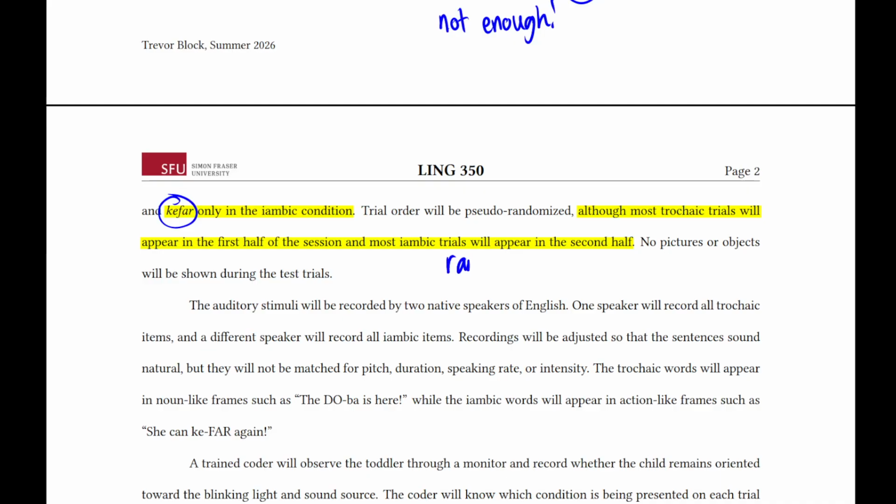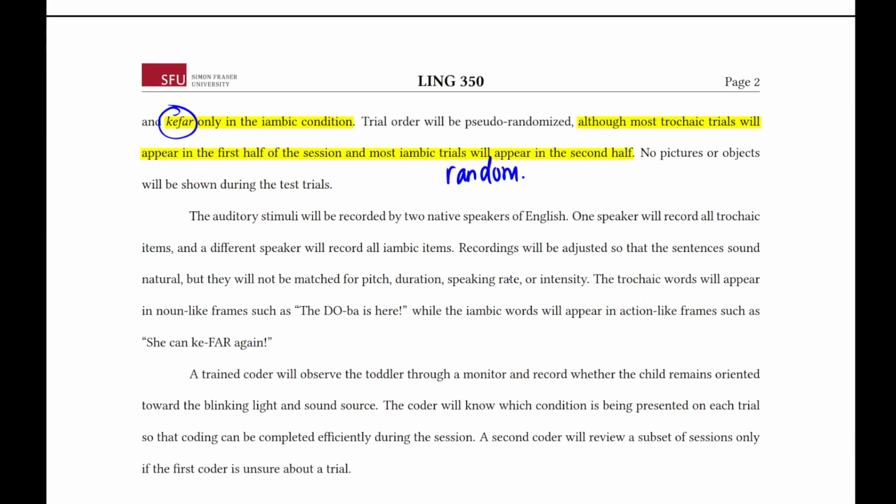We want more randomization, so that way it's not just like a learned task. You can imagine, okay, if one condition they don't respond to, like trochaic, they might just learn not to turn their head in the first half. And then in the second half, they're starting to turn their head, so they're just realizing, oh, with all of these words, I need to continue turning my head. That would not be great.